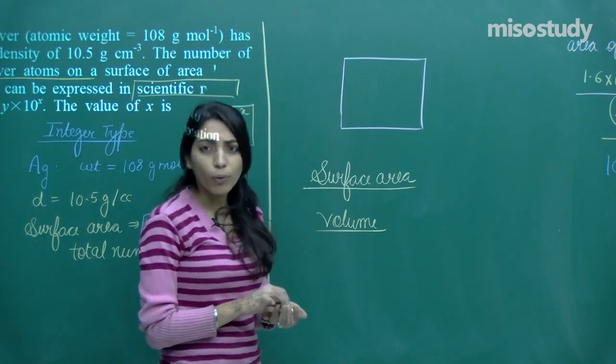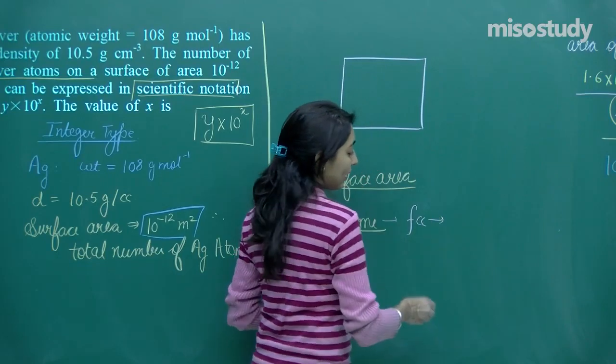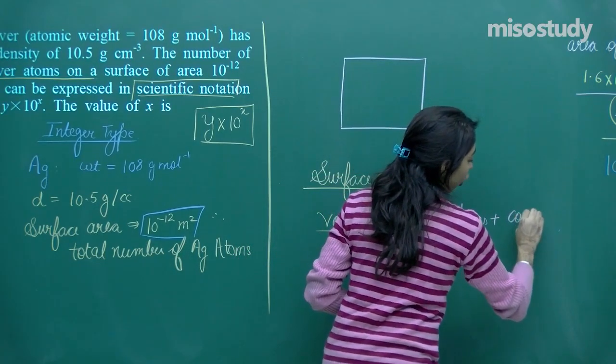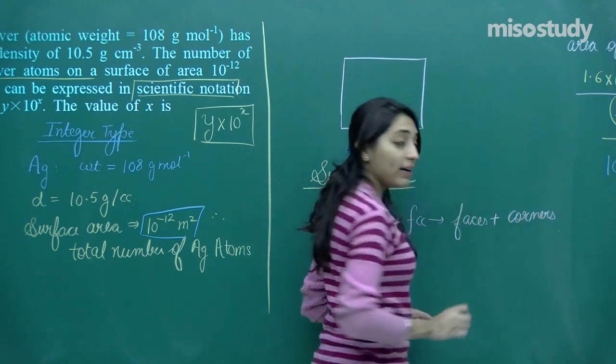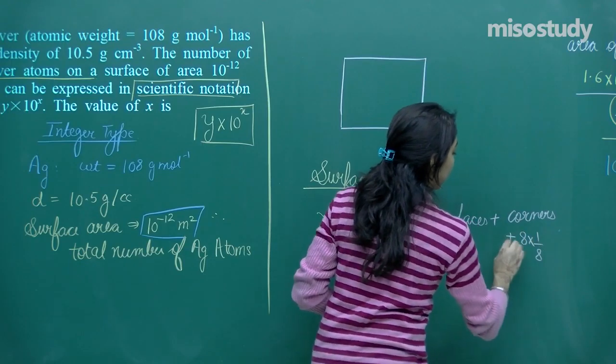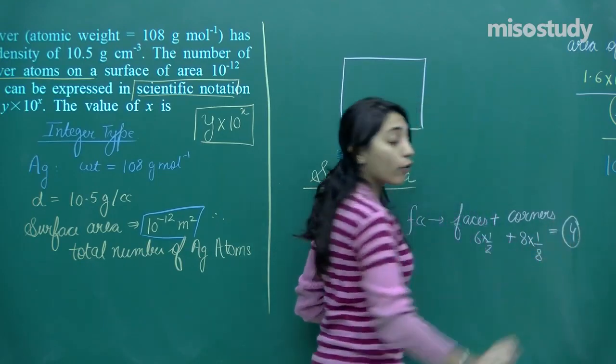When we were talking about volume, we used to say that in the face-centered cubic unit cell, the atoms will be at the centers of faces plus at the corners. So we used to consider 8 corners with a contribution of 1 by 8, 6 faces with a contribution of 1 by 2, making it a total of 4.